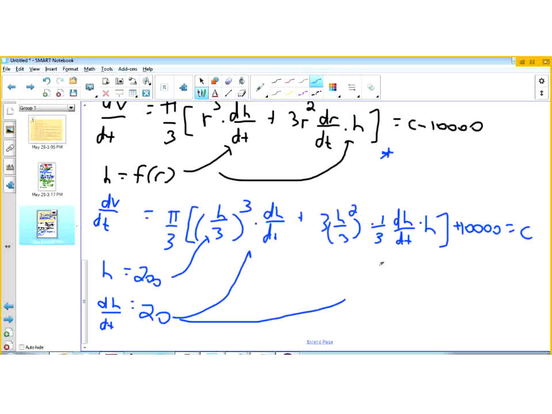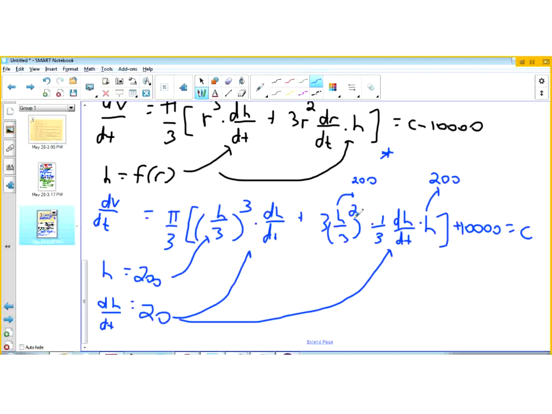Now just plug 20 in here, and plug 20 in here, and plug in 200 here, and plug in 200 here. Then go ahead and do the calculations, multiply and add all these numbers up, and you'll get a value.